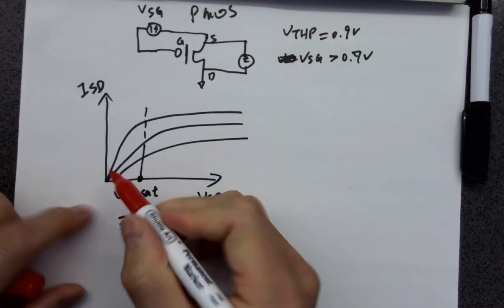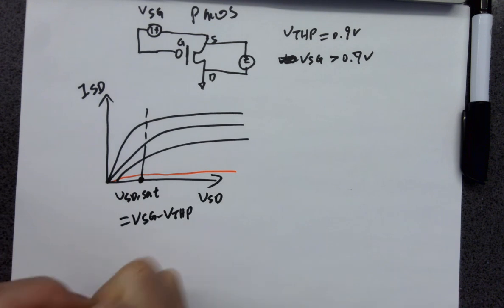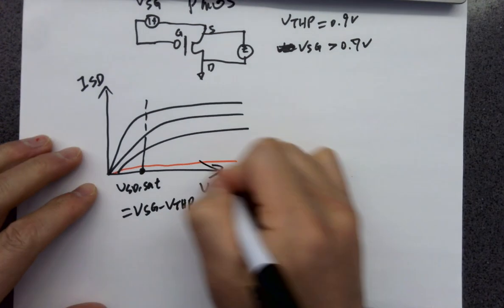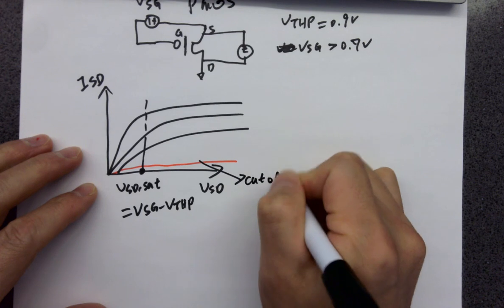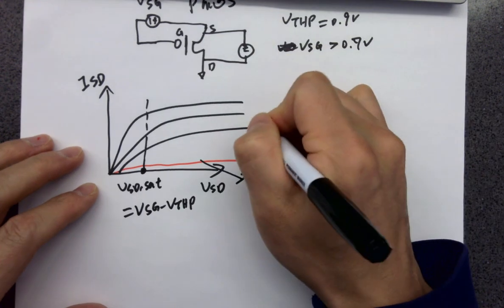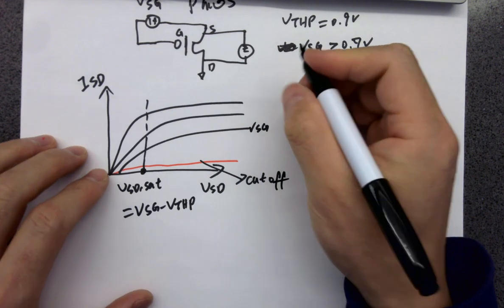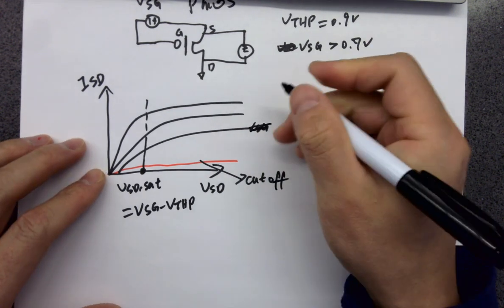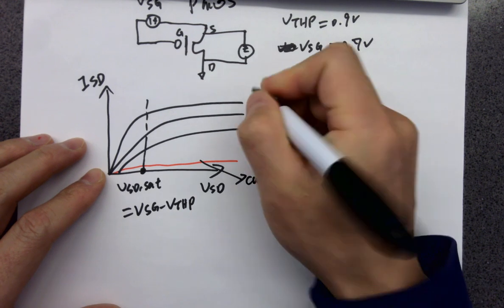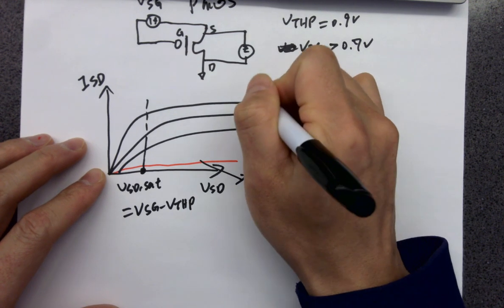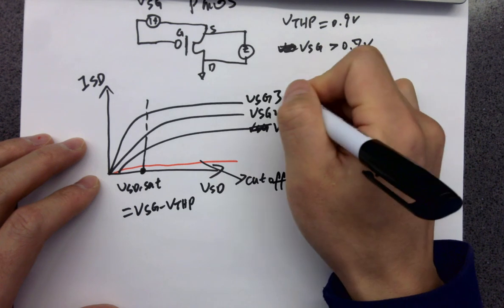Definitely there's a cutoff region here as well. And this is VSG1, VSG2, VSG3, and that's the largest.